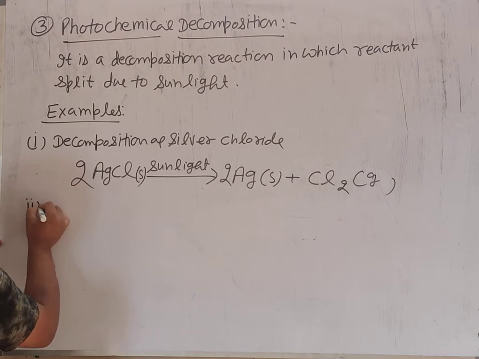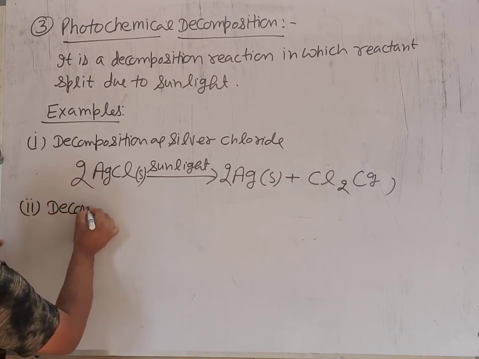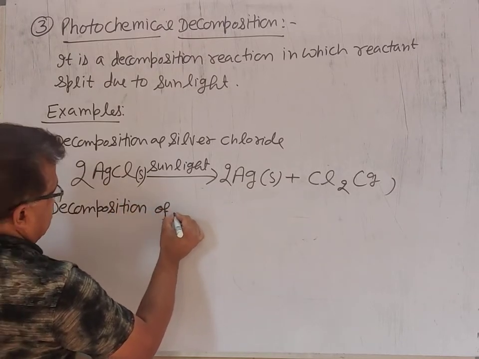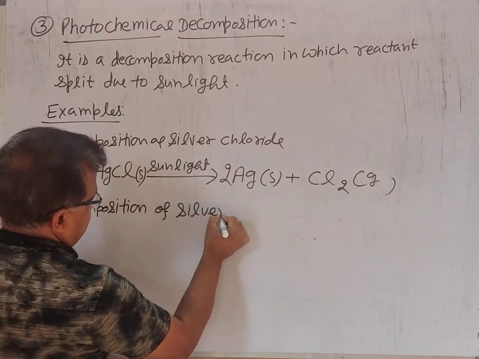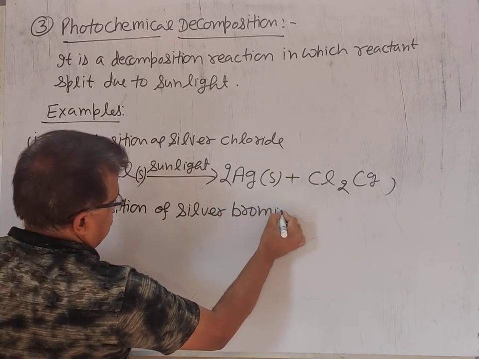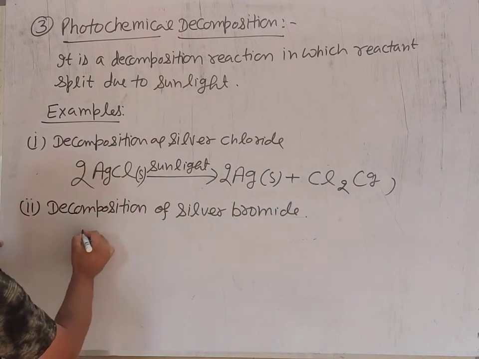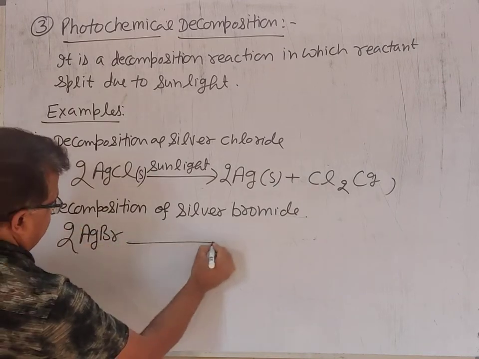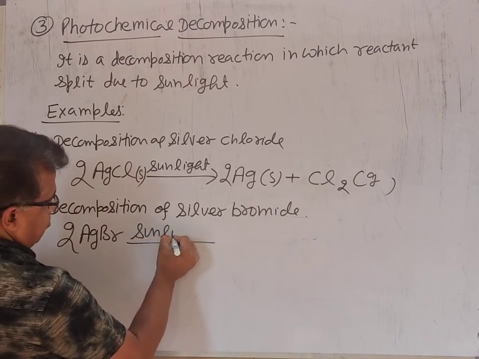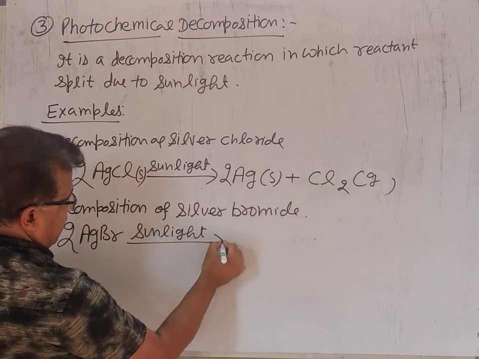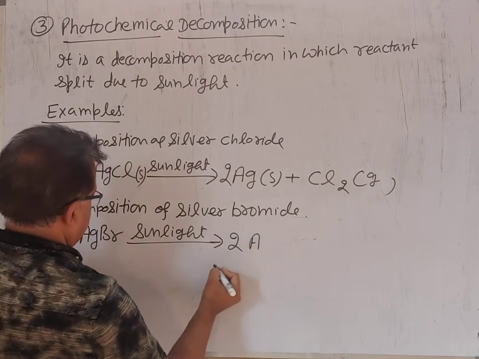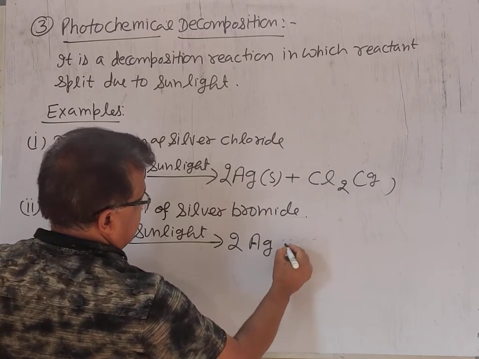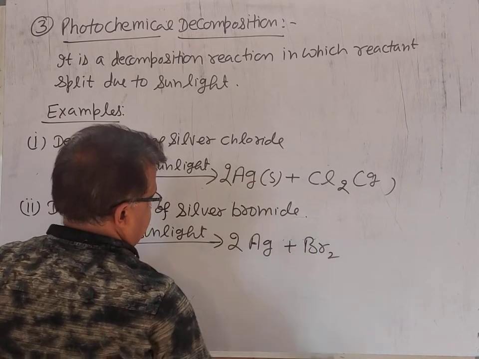Second is decomposition of silver bromide. Same thing, Ag is silver and Br is bromine. On passing sunlight, it breaks into silver and bromine.